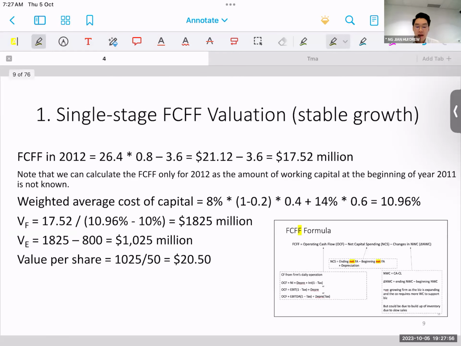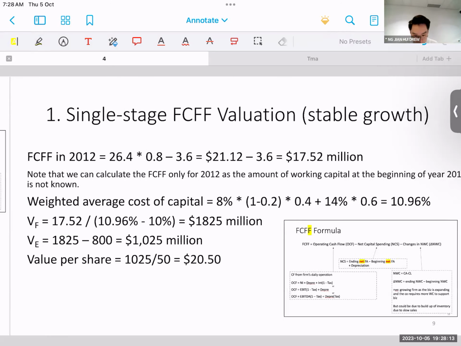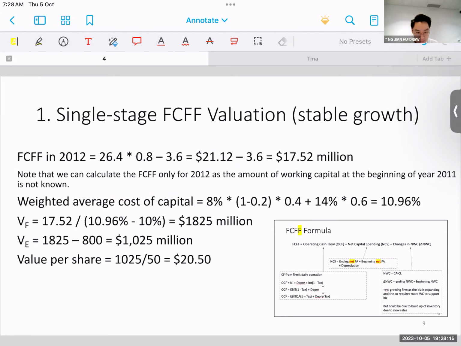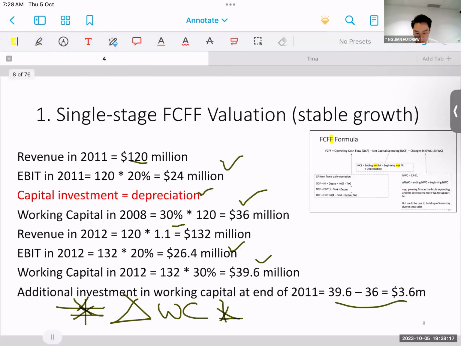Okay. So now, having calculated your working capital, we have also calculated your EBIT. Recall your FCFF formula using EBIT, right? So we have your EBIT.